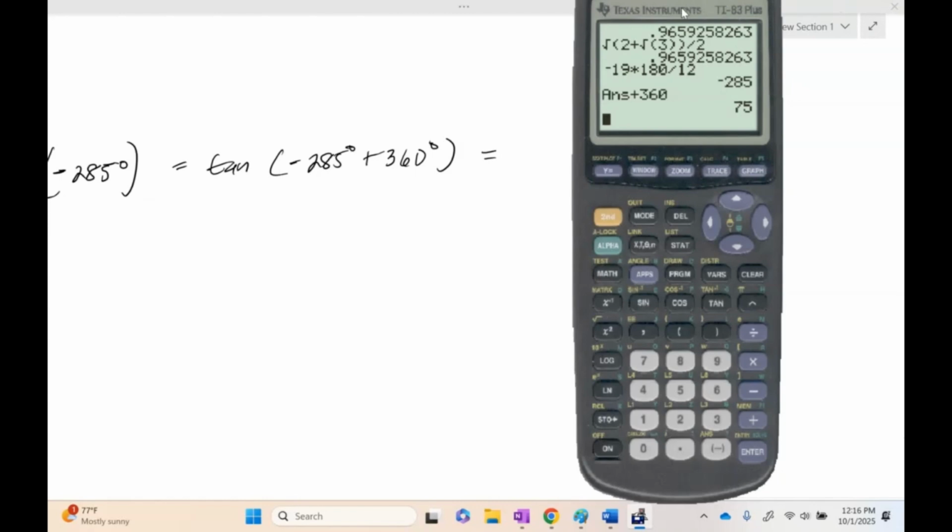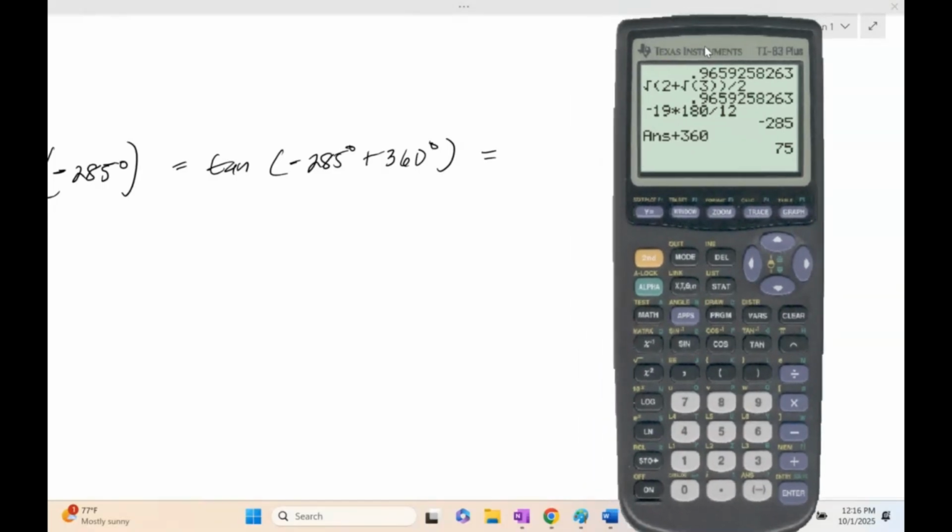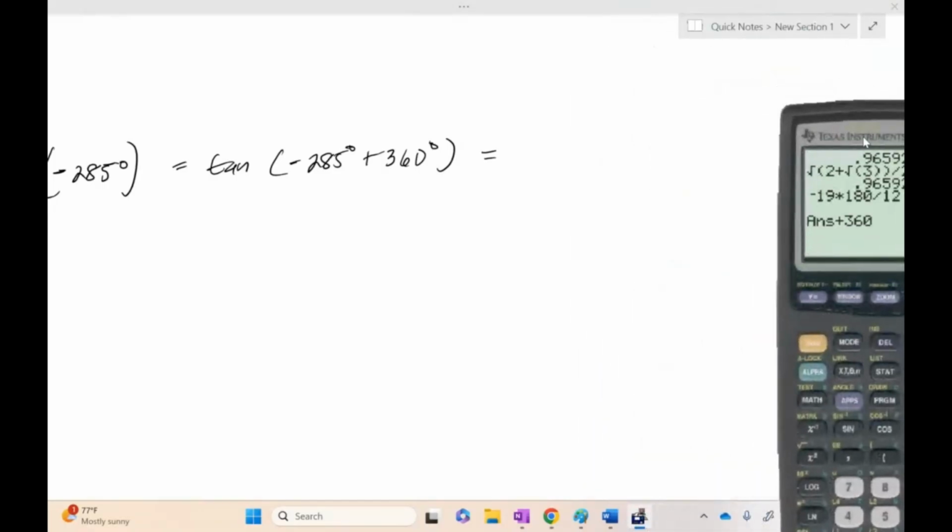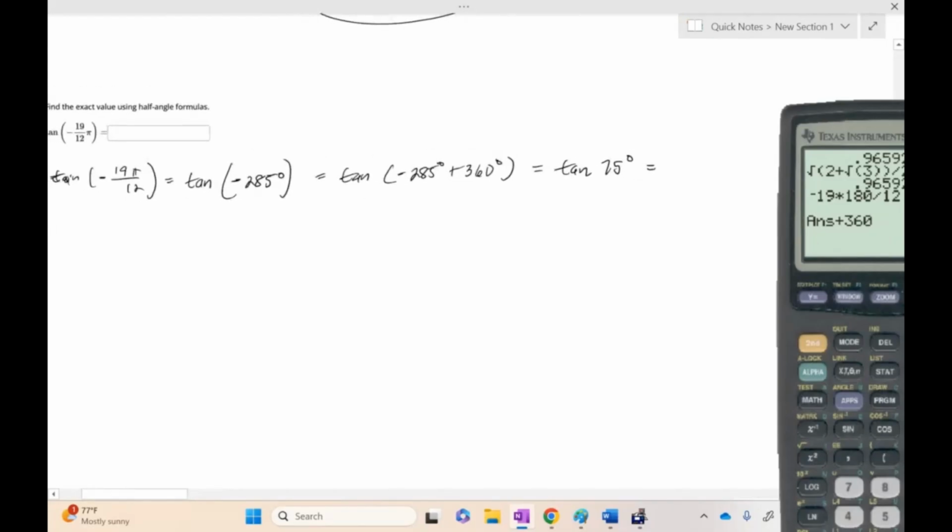So a 75-degree angle and a negative 285-degree angle are exactly the same. So this becomes the tangent of 75 degrees. Is everybody okay with that part? We converted the radian to a degree, and then we added 360, and we got 75.